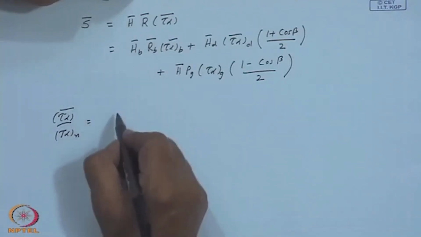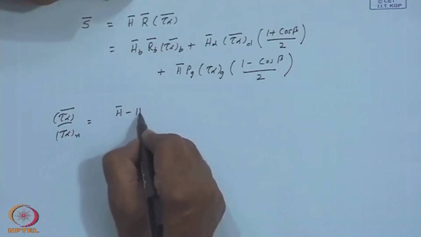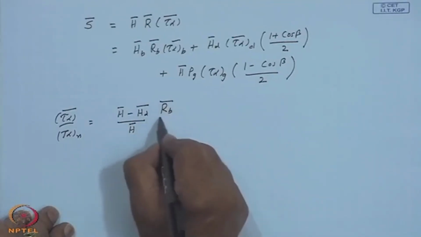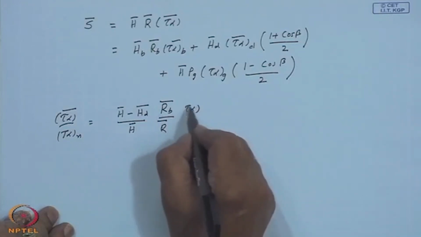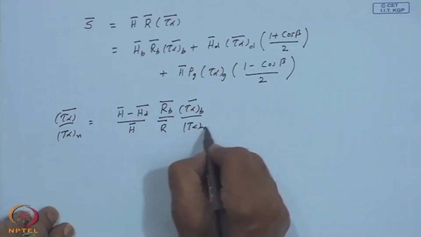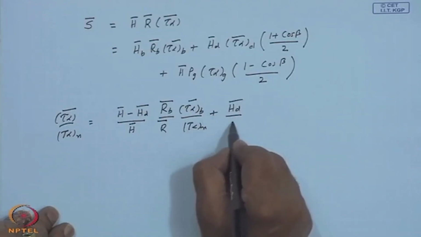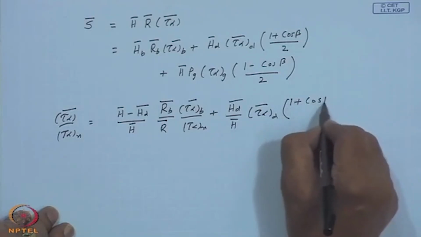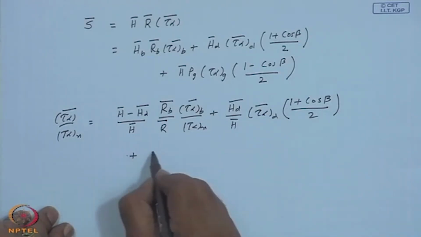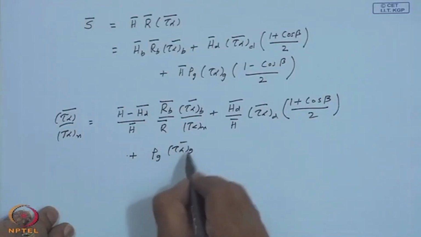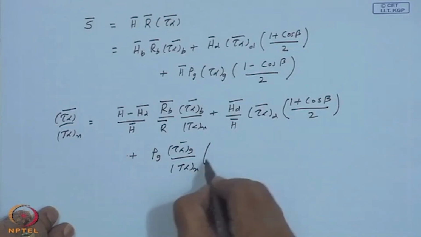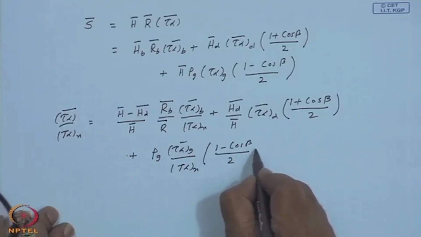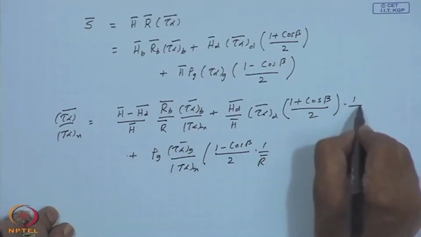That should be equal to, if I write H B bar as H bar minus H D bar, by H bar times R B bar upon R bar times tau alpha bar B by tau alpha n plus H D bar upon H bar times tau alpha bar D by tau alpha n times 1 plus cos beta by 2 plus rho g tau alpha bar g by tau alpha n into 1 minus cos beta by 2, times 1 upon R bar, here also 1 upon R bar.